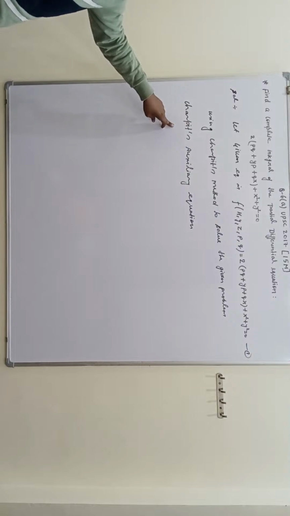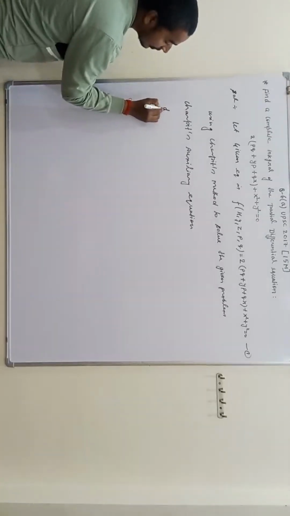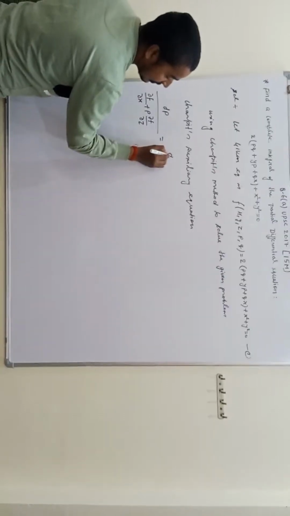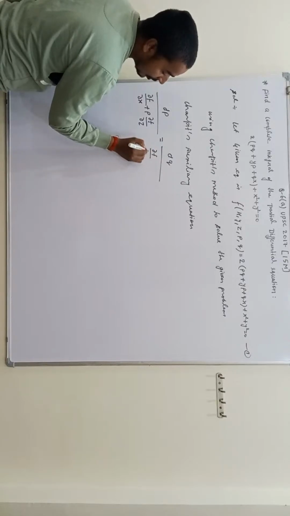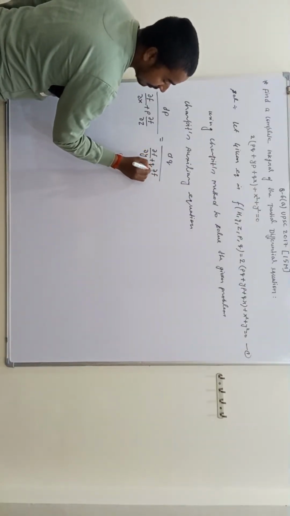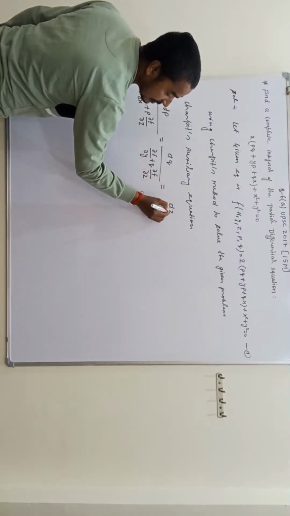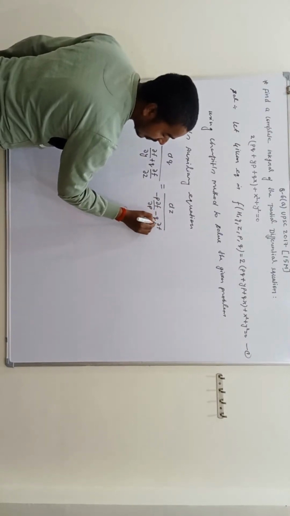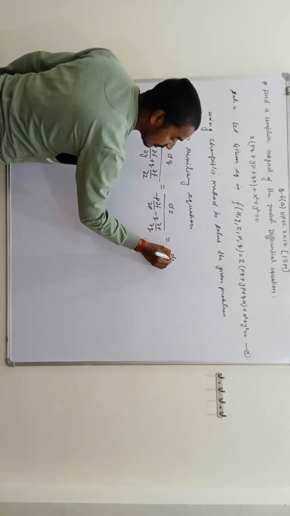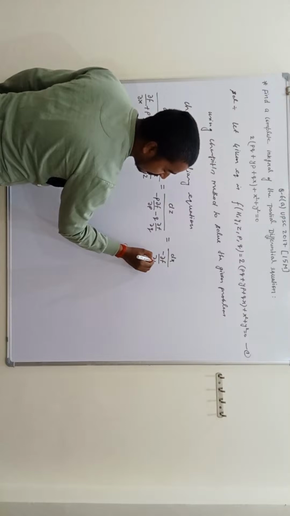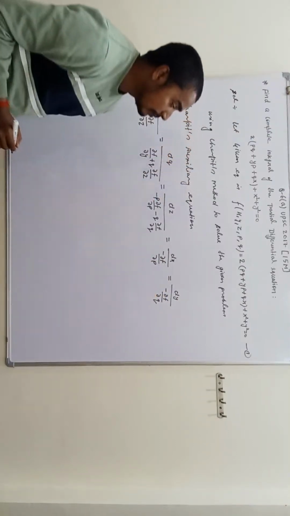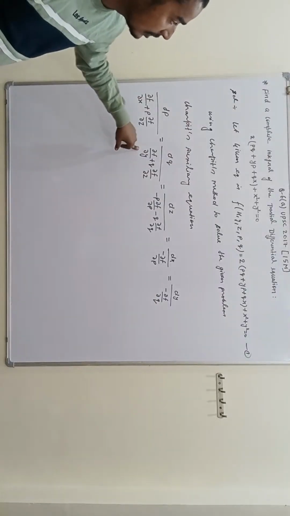The Charpit auxiliary equations are: dp/(∂f/∂x + p ∂f/∂z) = dq/(∂f/∂y + q ∂f/∂z) = dz/(−p ∂f/∂p − q ∂f/∂q) = dx/(−∂f/∂p) = dy/(−∂f/∂q). We must remember these to solve the given problem further.